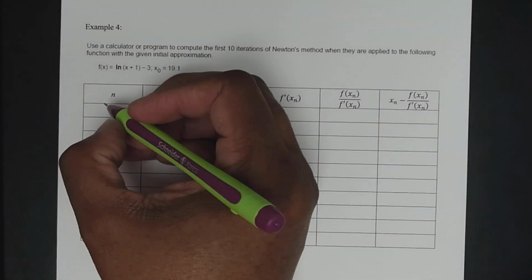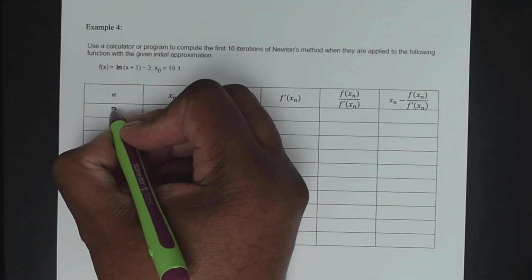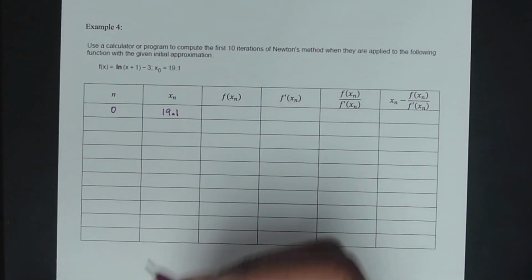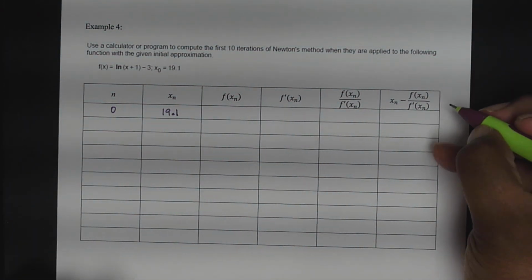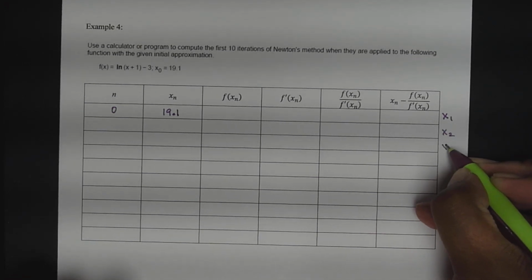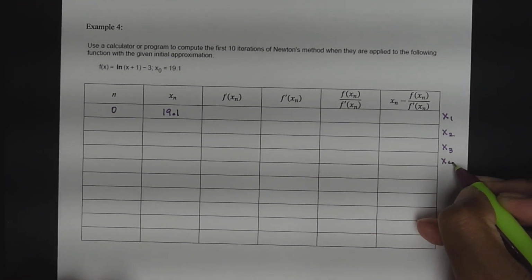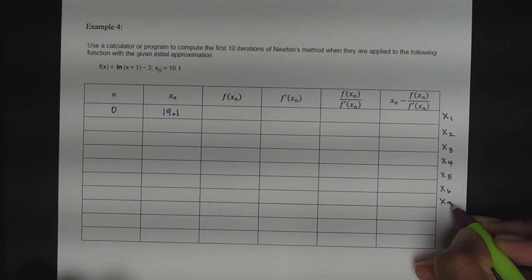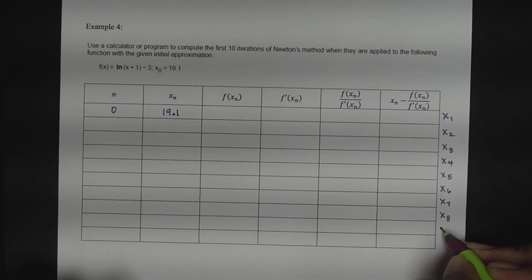So n, of course, is 0. That's x sub n, 19.1. And we're looking for the first 10 iterations here: x1, x2, x3, x4, x5, x6, all the way through x10.